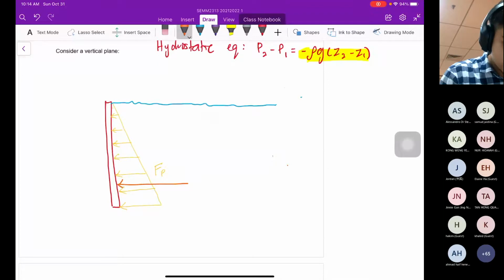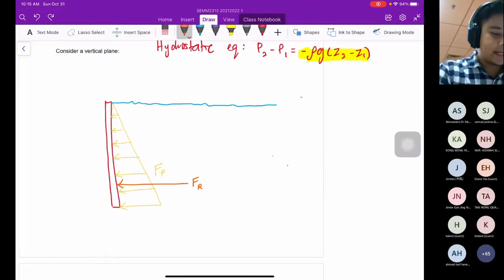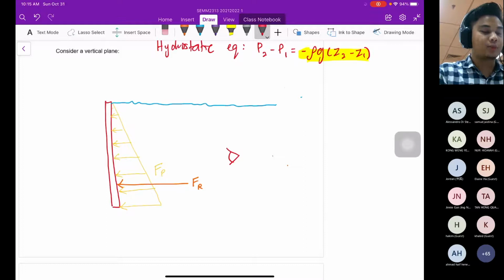This is what we call the resultant force, the combination from here until here. Imagine that this is the plane. When we look from this side, this is our eye. What happens to the plane dimension? Definitely we are going to see it like this, right?